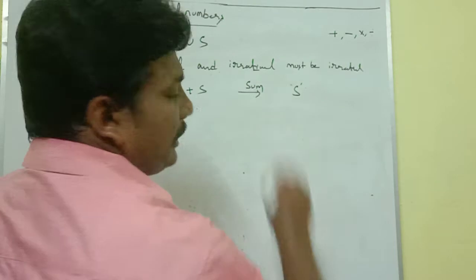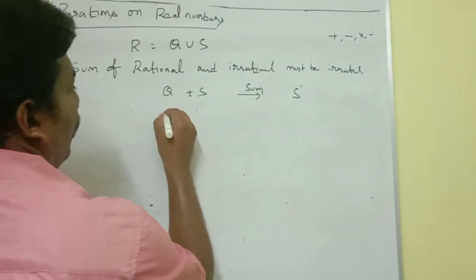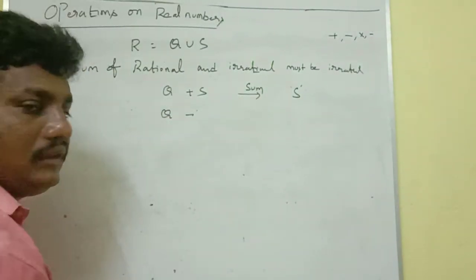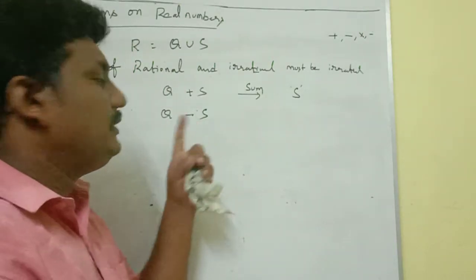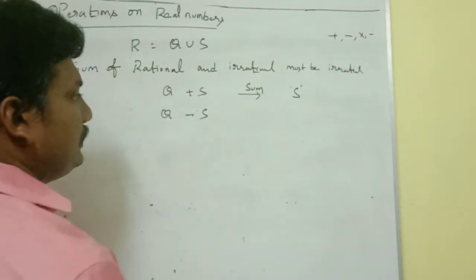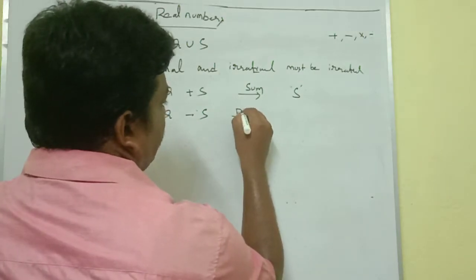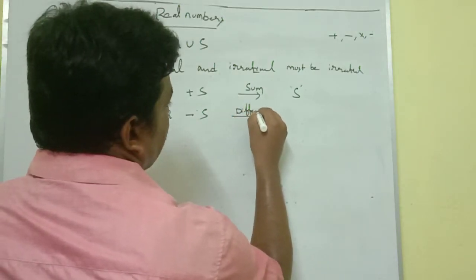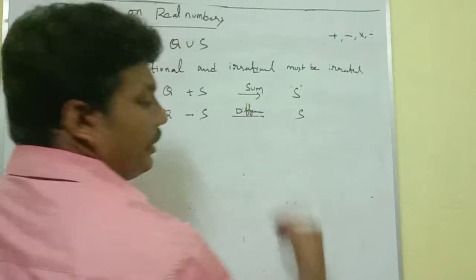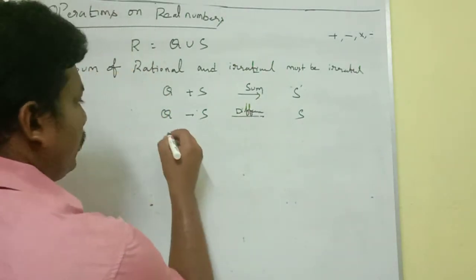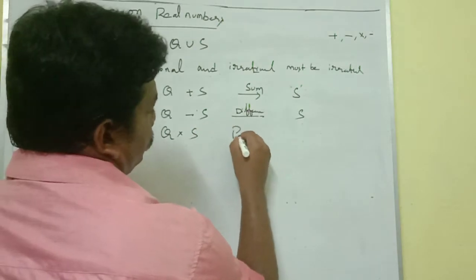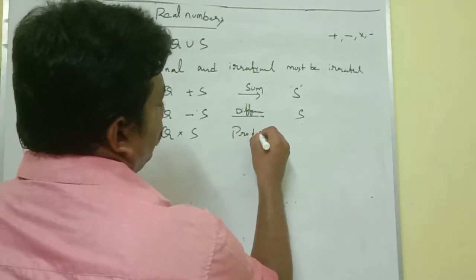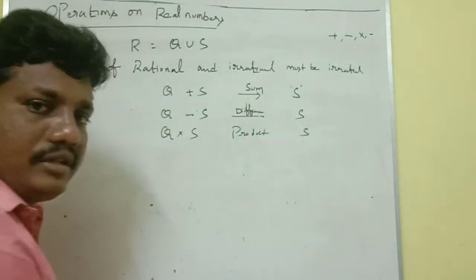Its sum is irrational. Here, if a rational number is subtracted from an irrational, that is if q and s are in the subtraction process, the difference is also irrational. The product of rational and irrational is also an irrational number.